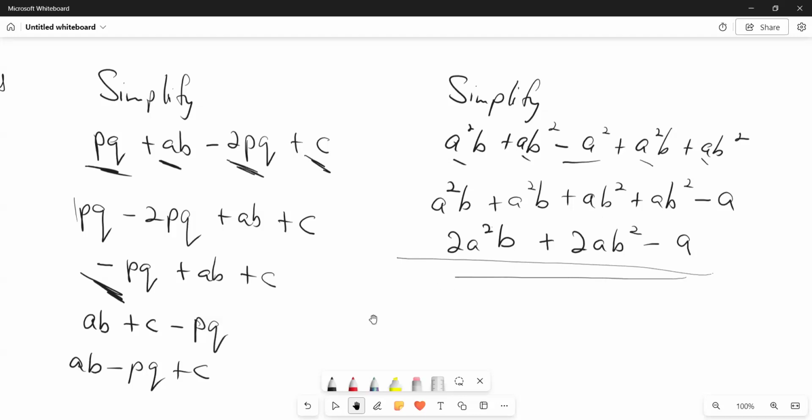Good. So all of these, you notice all the examples so far involve addition, subtraction, addition, subtraction. That's all.